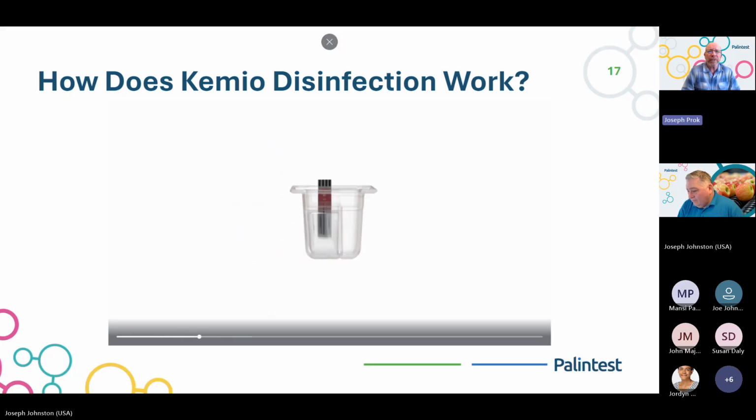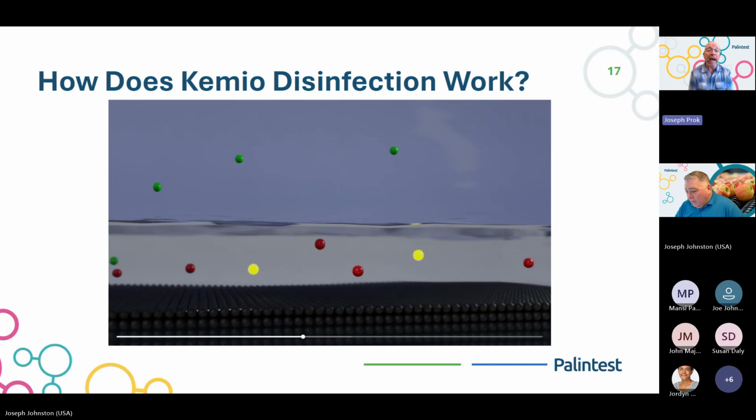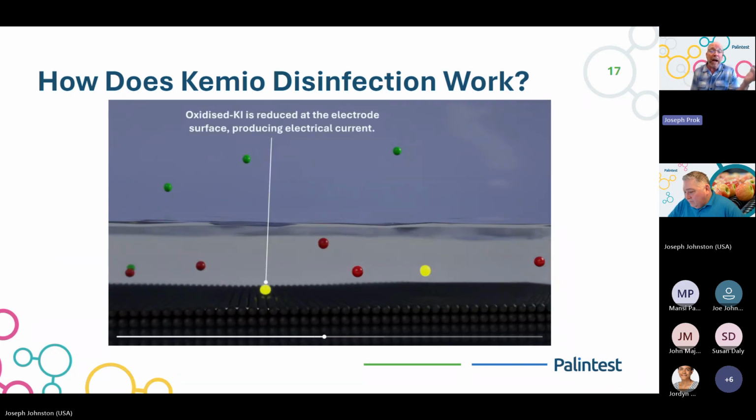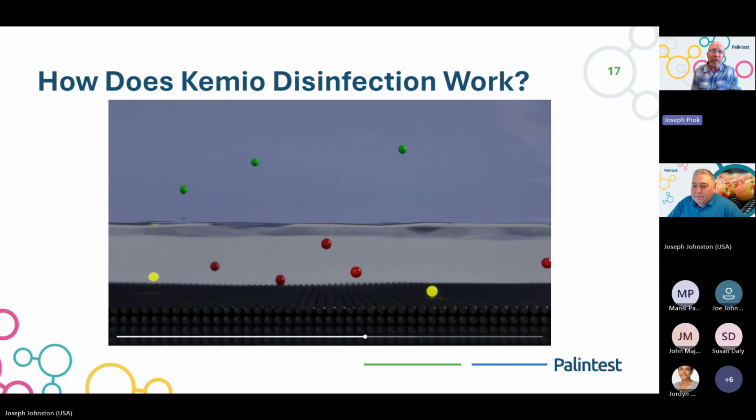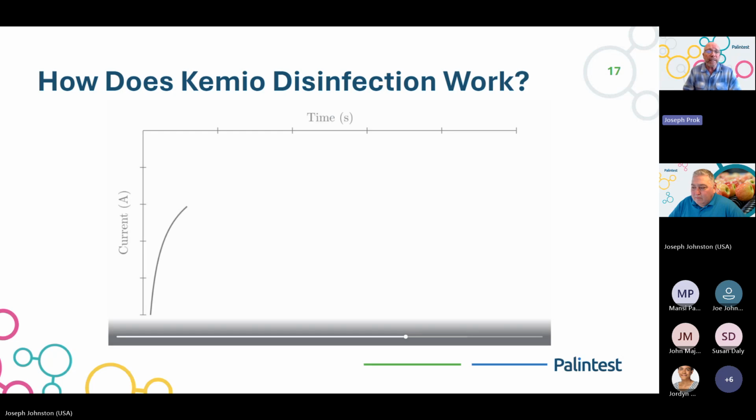As you'll see here, hopefully third time's a charm, the green represents the iodide ion, and now that yellow is the triiodide ion. And we know opposites attract, so that positively charged ion is attracted to the negative side of the ionic strip on that sensor, and that's creating a small amperage.